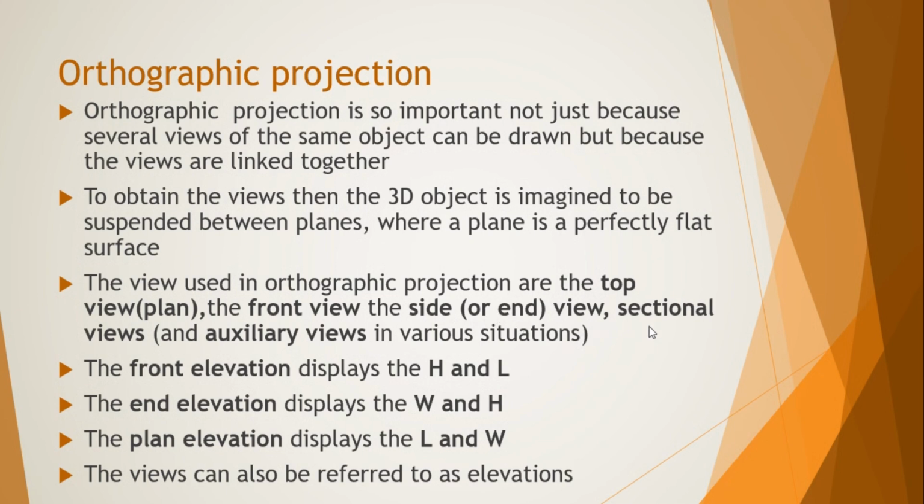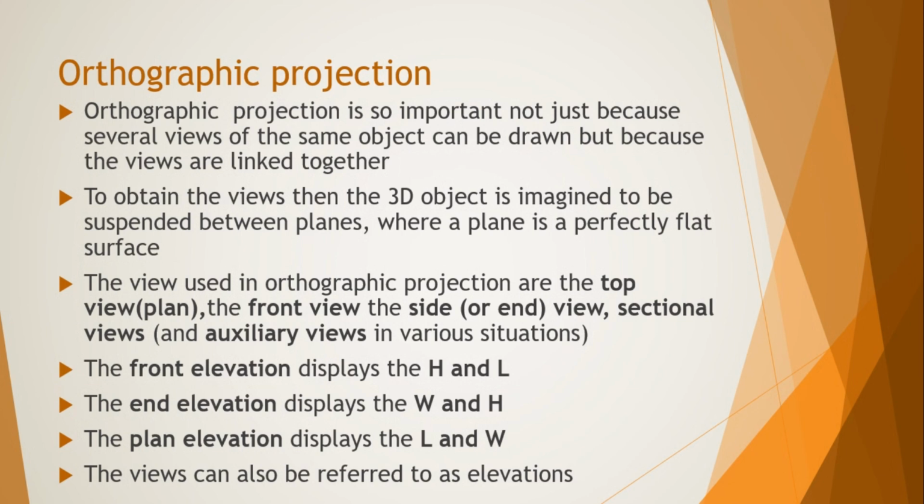Then there are also sectional views and auxiliary views, but auxiliary views are used in special situations. For example, in surface development is where you will do mostly auxiliary views. Sectional views, you will use them, but they are mostly used in assembly or working drawings.